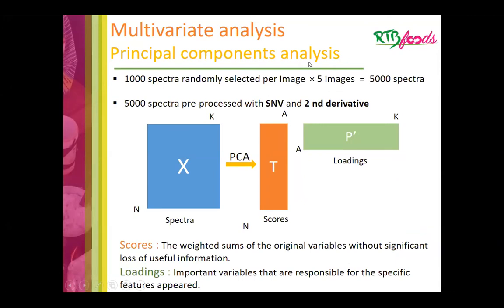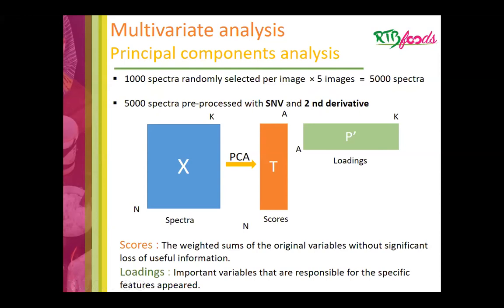As I said, we have five hyperspectral images, making a total of 5,000 spectra. These spectra were pre-processed with SNV normalization and the second derivative.